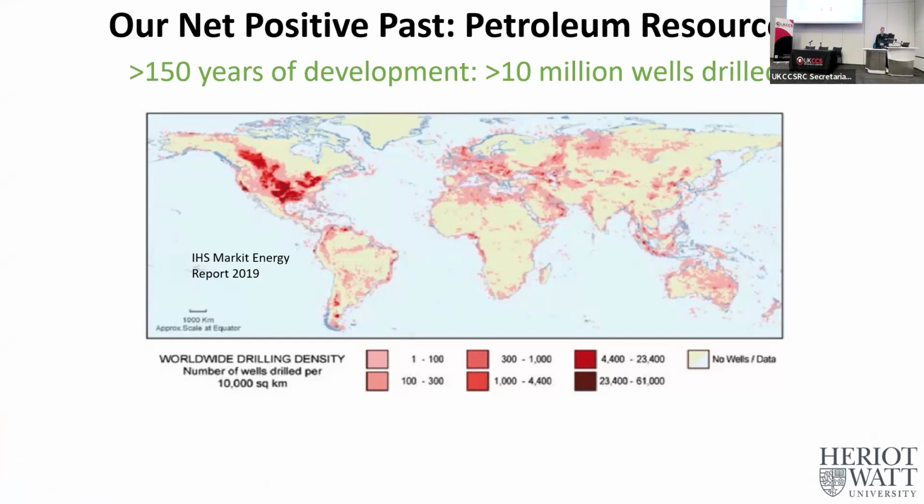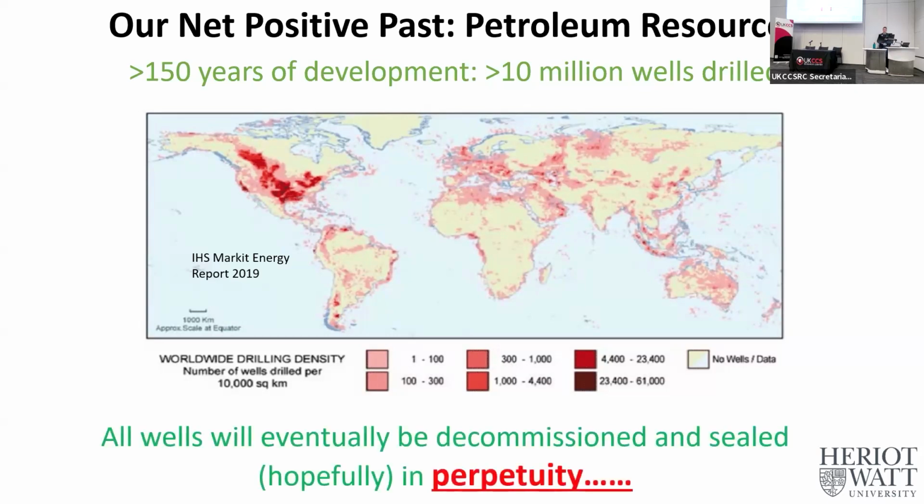If you look in a rough manner, there's around 150 years of development, during which probably north of 10 million wells have been drilled globally throughout all these different basins, which will be used for CCS. And obviously the plan is that we plug and abandon these wells, and that they're then decommissioned and sealed, hopefully in perpetuity.